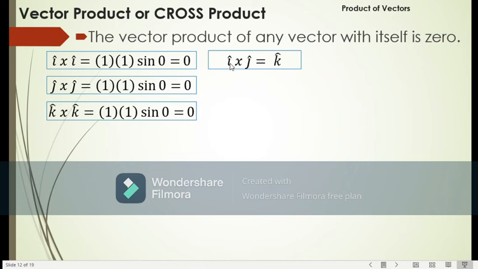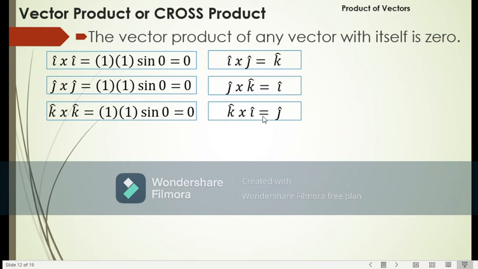An example is I cross J. The answer is K. So what can you observe here? Our answer, or the product itself, has a direction. That is why it is called a vector product, because the product will have a magnitude and direction. J cross K is equal to I, and K cross I is equal to J.